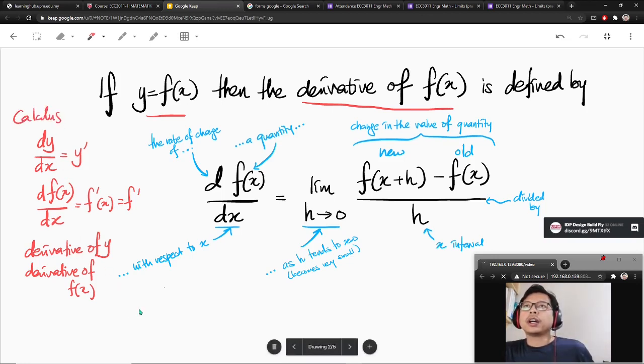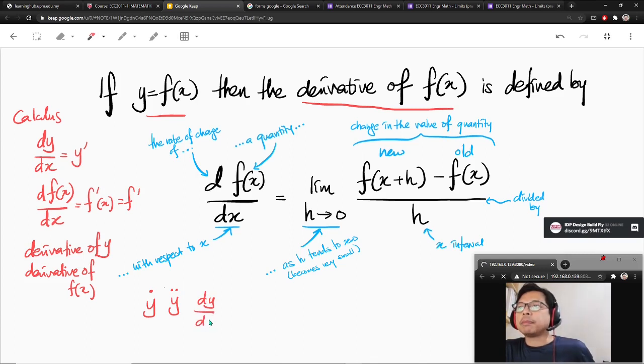In engineering, you will see something like this, y with a dot on top. Sometimes you will see y double dot. Usually this nomenclature is preserved for something that is a differentiation with respect to time, a rate of change of y with respect to time, dy/dt, for example.